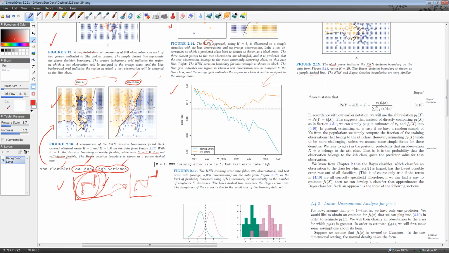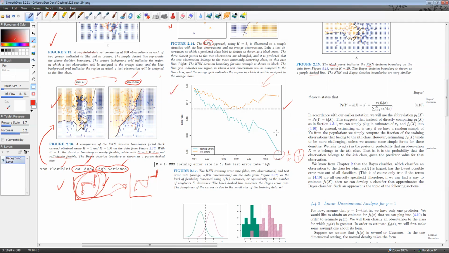But look what happens here. This is kind of interesting. If k is equal to 1, so here's k equal to 1 over here, because it's 1 over k that they're evaluating on the x-axis. So this is 1 over 1 over here. Let's see what happens as k gets larger. So we have the Bayes decision criterion here.